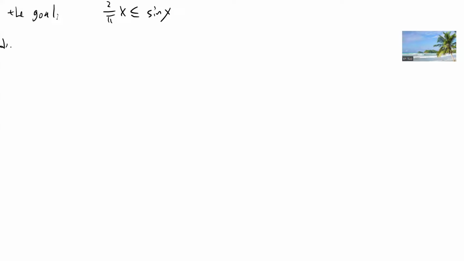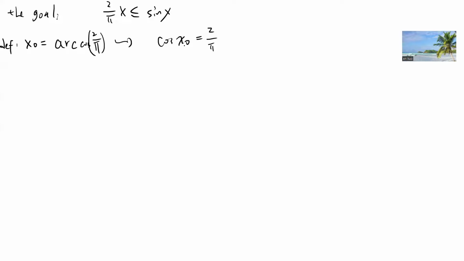I can define a number x0, which is arccosine of 2 divided by pi. What this means is that cosine x0 equals 2 divided by pi. Now I can consider two regions.